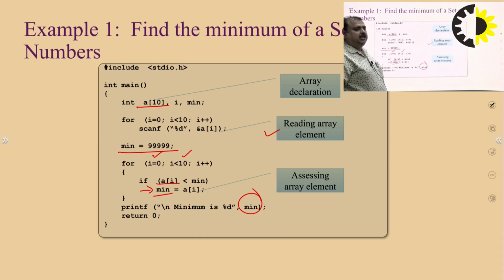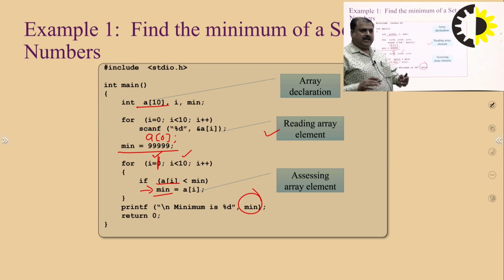Another way of doing a similar thing is this: rather than giving a largest value, we can take the first element as the minimum element, and we can start our loop from 1.